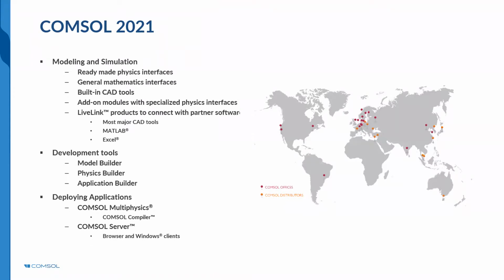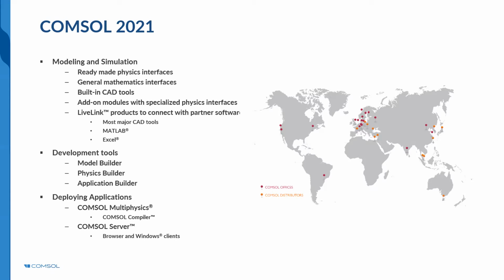So with this agenda, let me quickly introduce COMSOL Multiphysics. This is COMSOL 2021. On the right-hand side, you can see various COMSOL offices and COMSOL distributors. COMSOL is a modeling and simulation software. It has ready-made physics interfaces, various generalized mathematical interfaces, and you can import built-in CAD geometries.